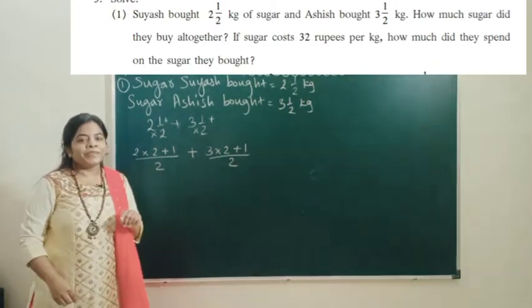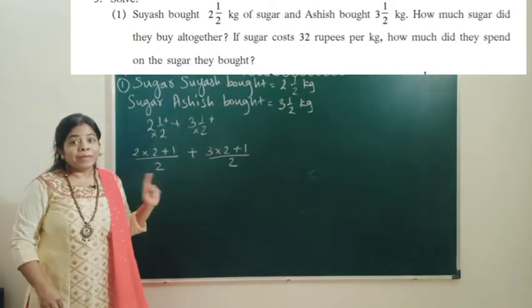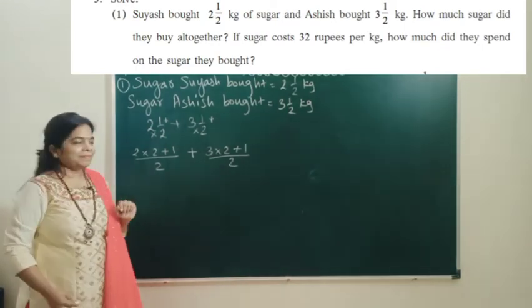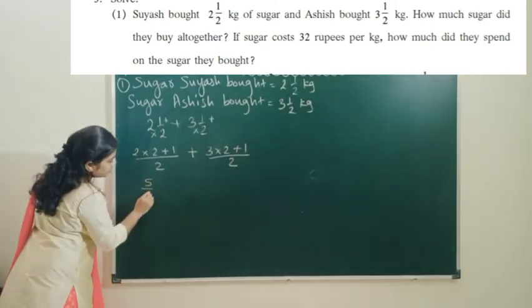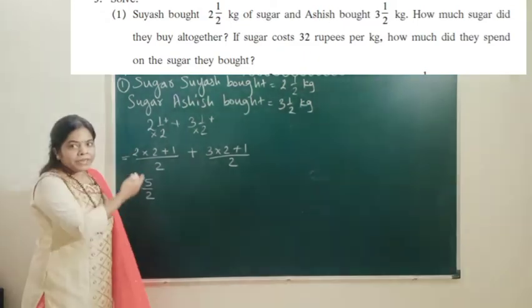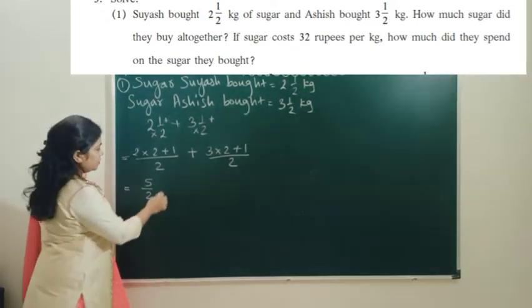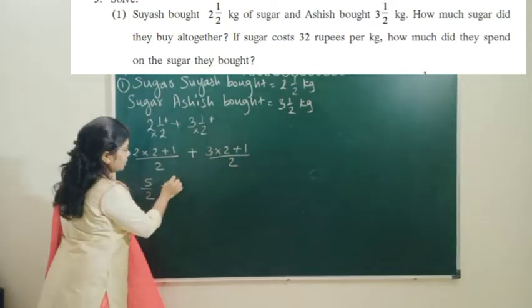Luckily, I think we are having the same denominators for both the numbers. So we don't have to make the denominators the same. 2 2s are 4 plus 1, 5. Let's put is equal to, because they are continuous steps of the solution, plus 3 2s are 6 plus 1, 7.